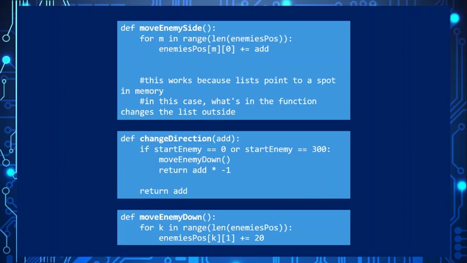Alright, we're going to build the functions for our enemies. So first we have our move enemy side, which is going to move each individual enemy back and forth. We have our for loop that goes through each enemy and adds on the movement value to its X coordinate, that will move it either to the right or to the left. A question that should pop up in your head is, why isn't there a return value?